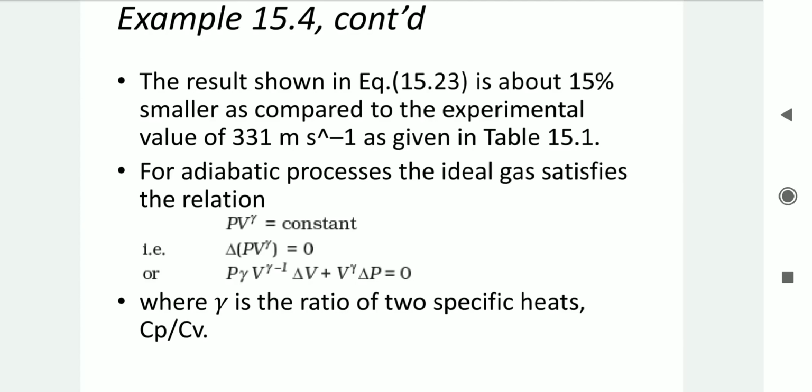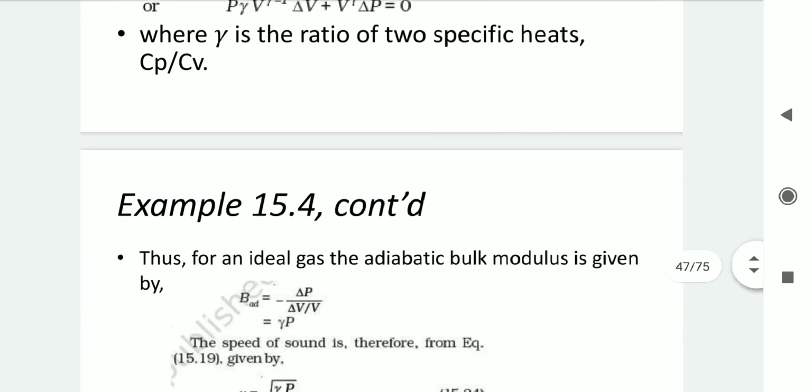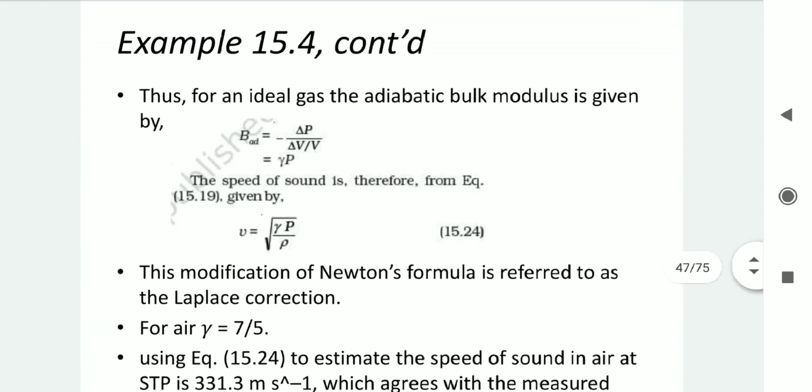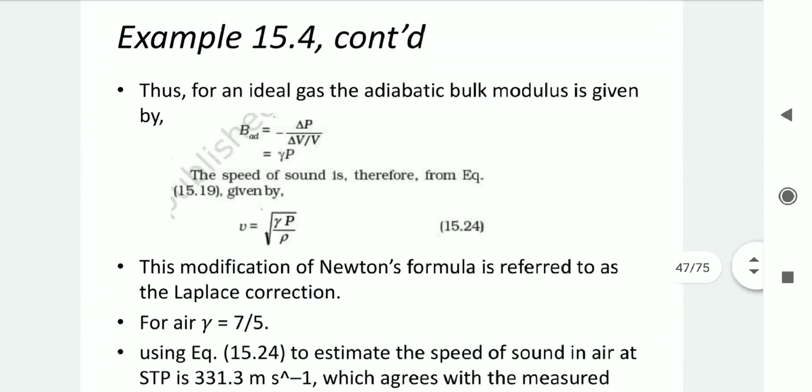Here gamma is the ratio of Cp by Cv. For an ideal gas, the adiabatic bulk modulus B equals minus delta P by delta V by V, which gives gamma into P. So the speed of sound v equals the square root of B by rho, that is the square root of gamma P by rho.